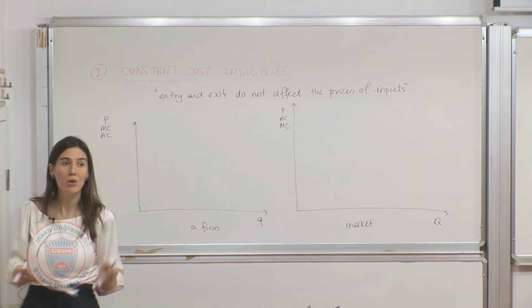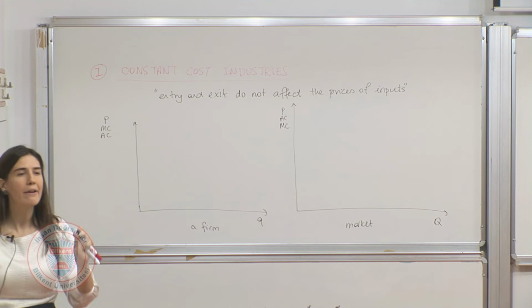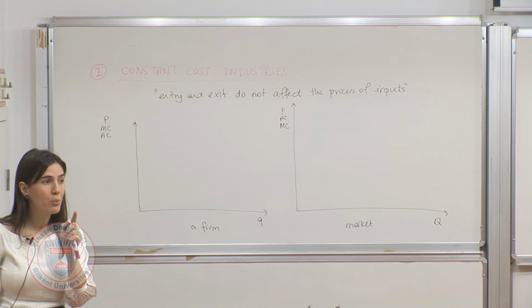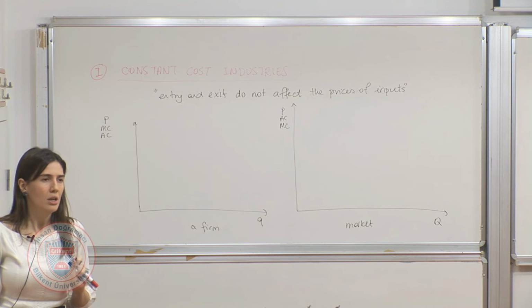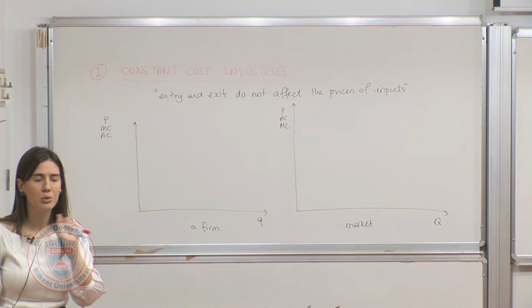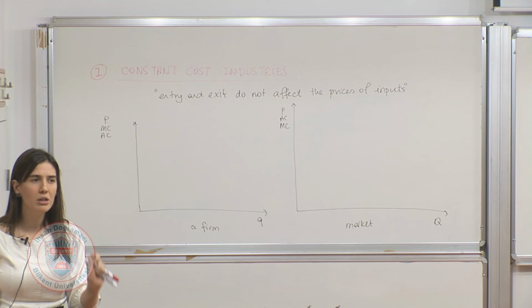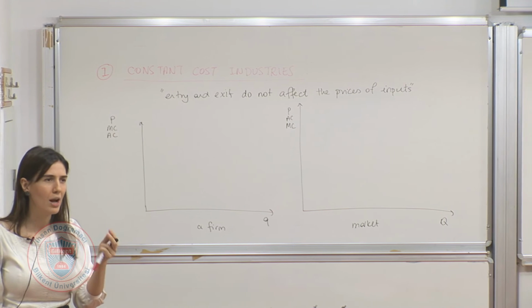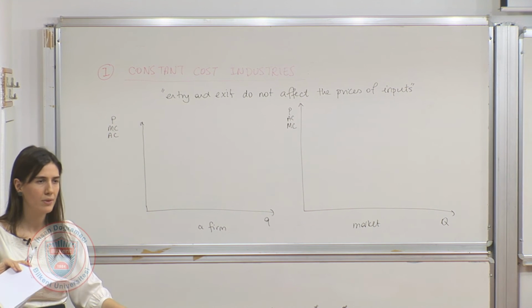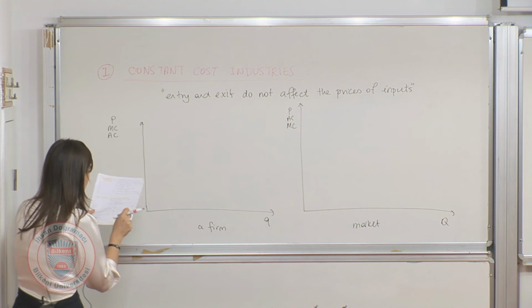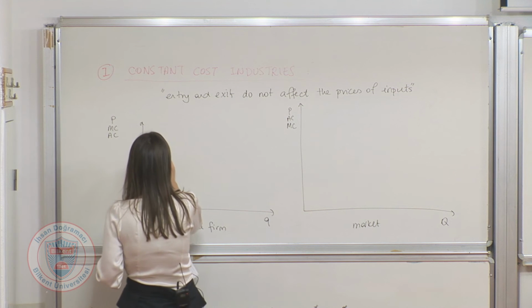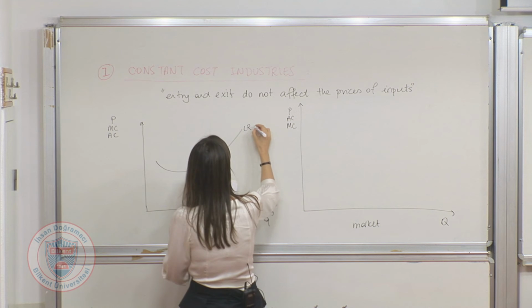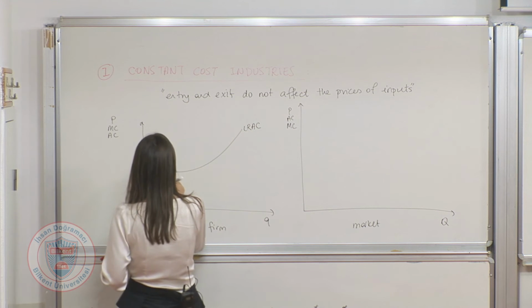Now, whenever we do any graphical analysis, and now things are going to change, we're going to have an initial equilibrium. So always plot the initial equilibrium, okay? The initial long run equilibrium is going to be both a long run and a short run equilibrium, right? Because things are stable. So now let's plot that one. I'm going to have long run average total cost, okay?